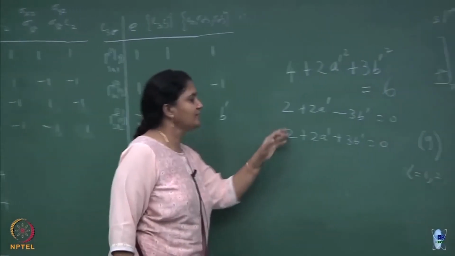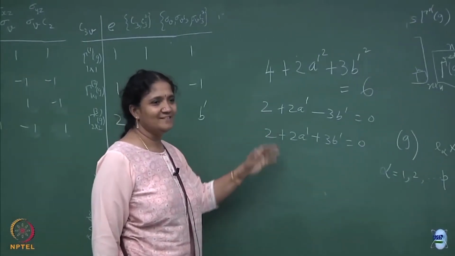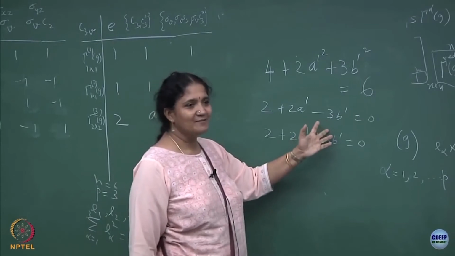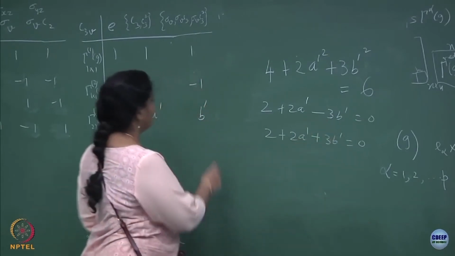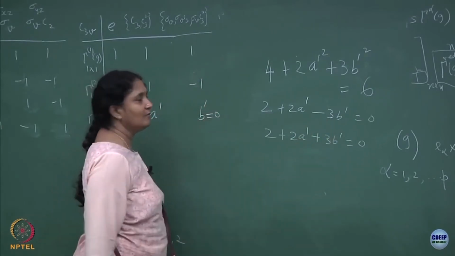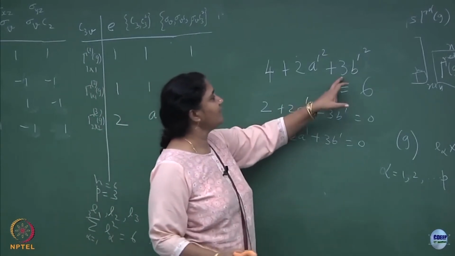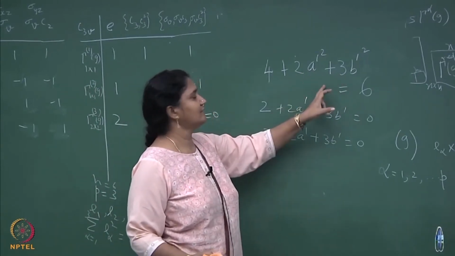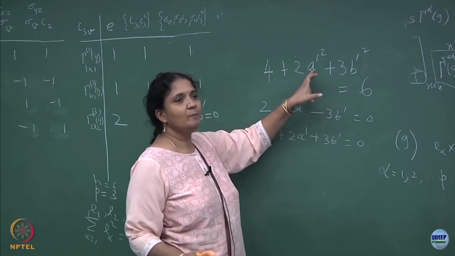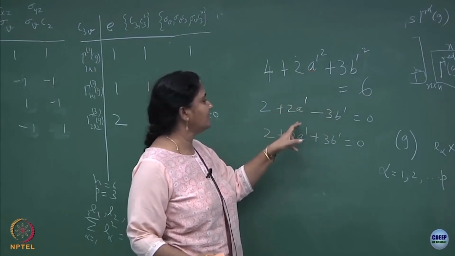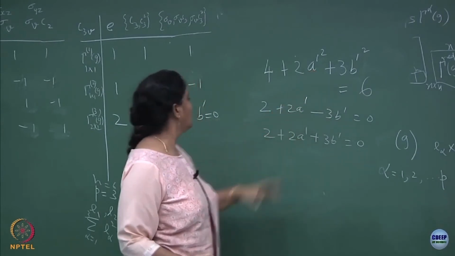Clearly these two equations will tell you what the solution is. B prime has to be 0, and is it satisfying that other condition? Yes, A prime could be plus or minus 1, but then this condition will tell you minus 1.